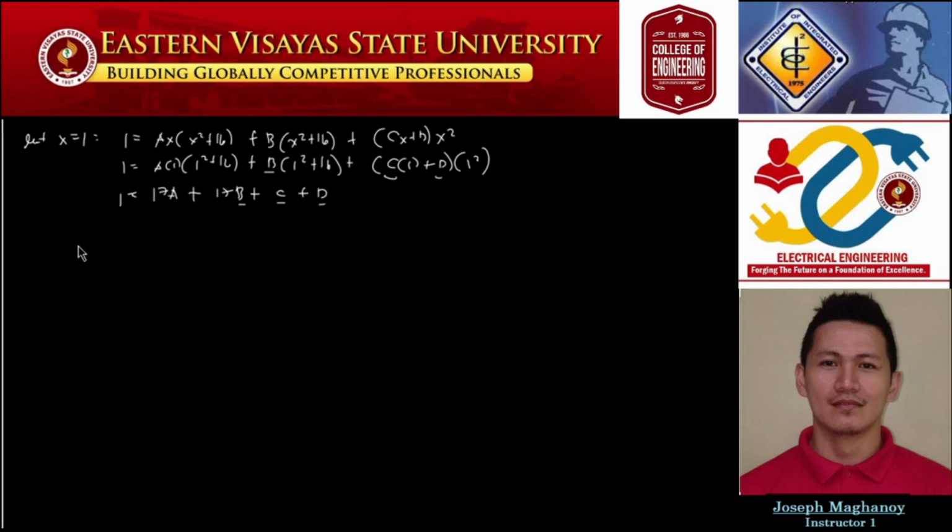Substitute it, we can have 17a plus 17 times 1 over 16 plus what is our value for our c? That is 0. For d, that is 1 over 16. So finally, this is 17a plus 17 over 16 plus 1 over 16.